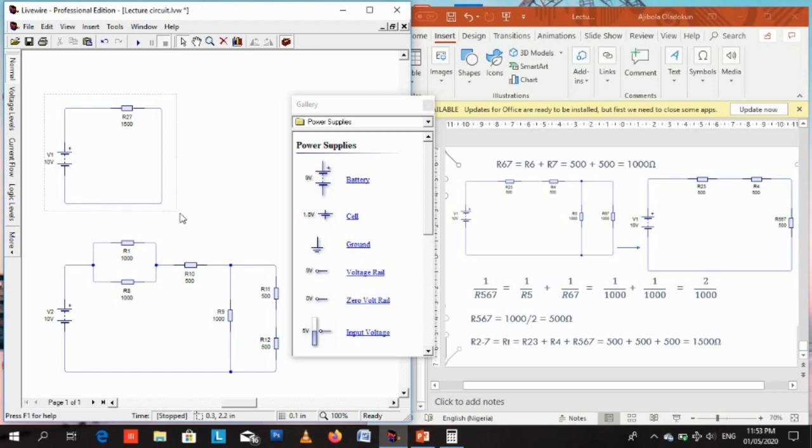Everything is represented by just one resistor whose value is 1500 ohms basically. So that's what we have here. That's why I deleted the other resistors. Just one resistor, 1500 ohms value.